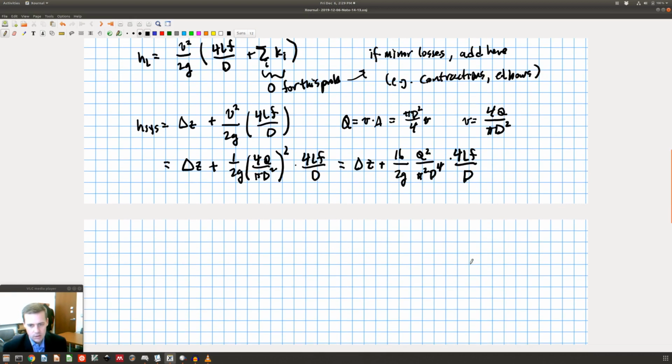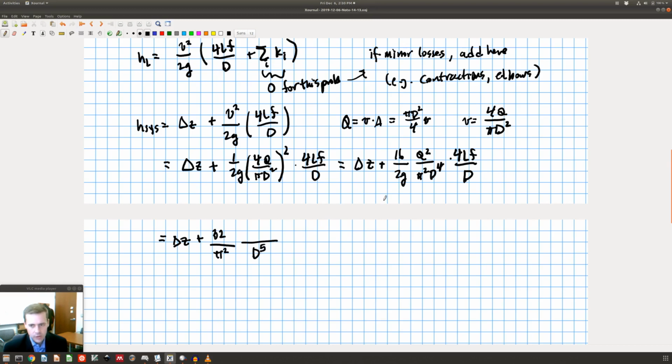So let me scroll down here to my second page and add that on. I get delta Z plus 32 divided by pi squared. Then I have Q squared. Well, I'm going to leave the Q squared out for just a second. I'm going to put it at the end. I'm going to do D to the 5th in the denominator.